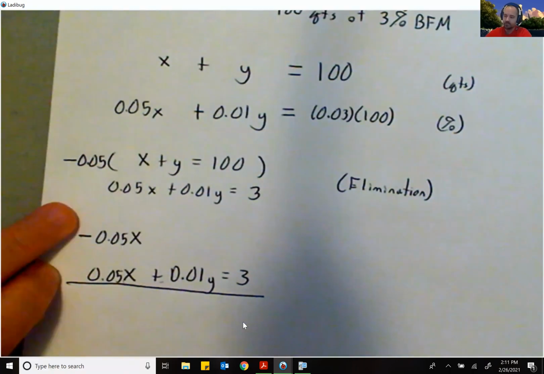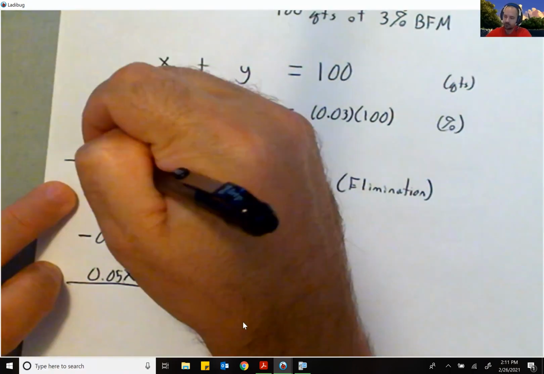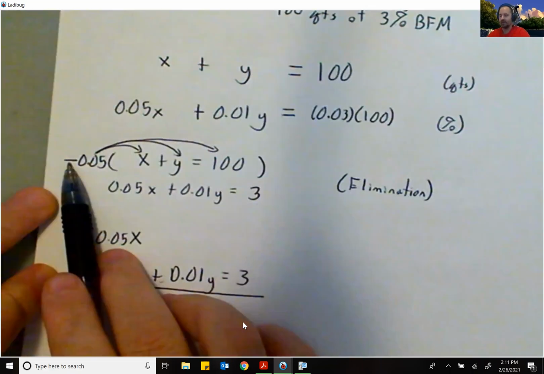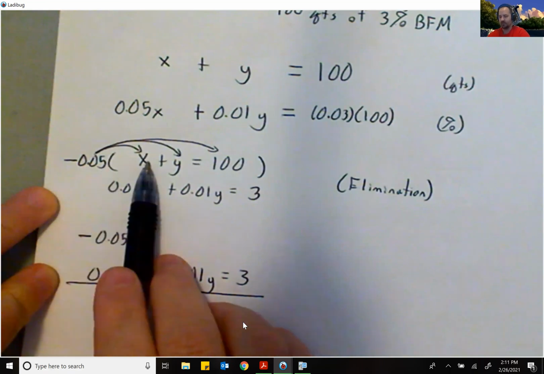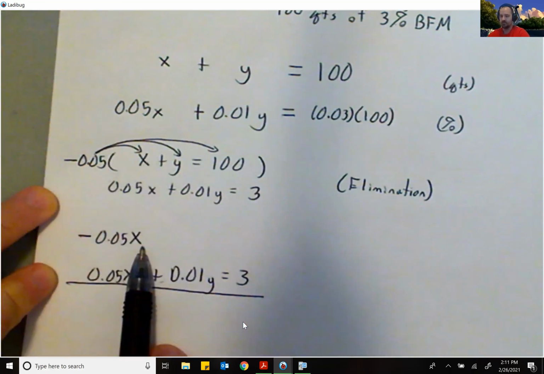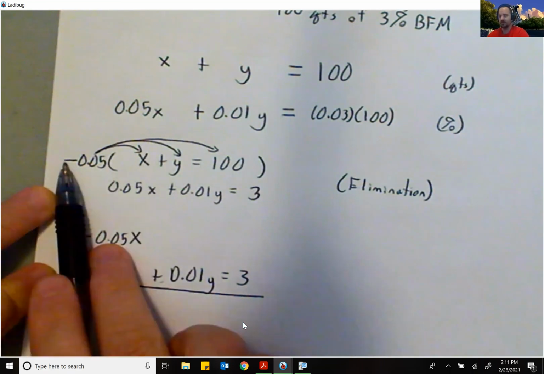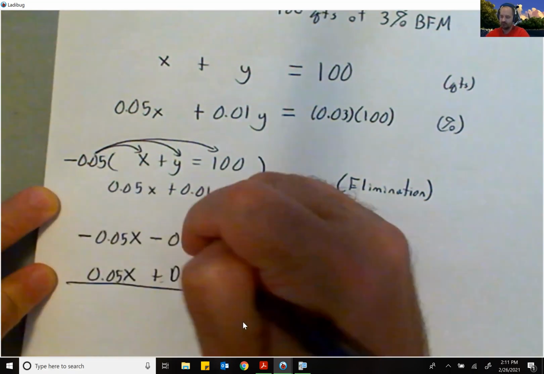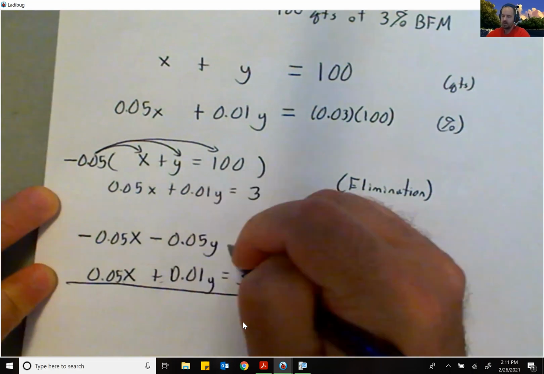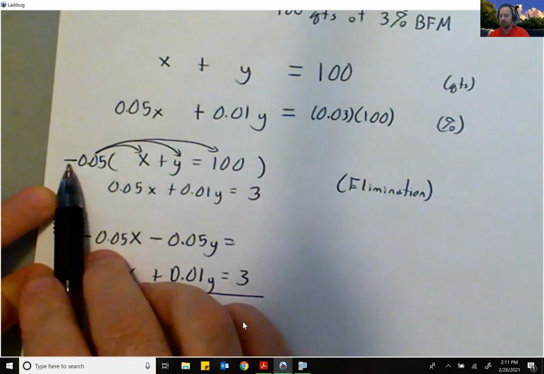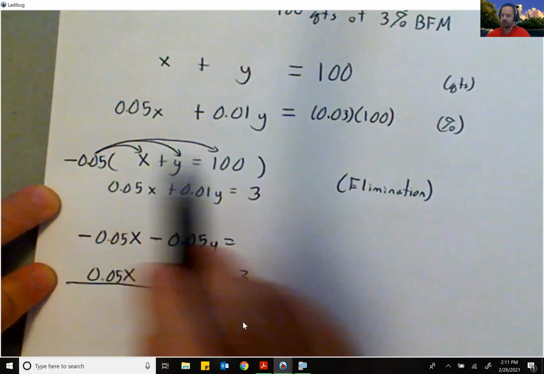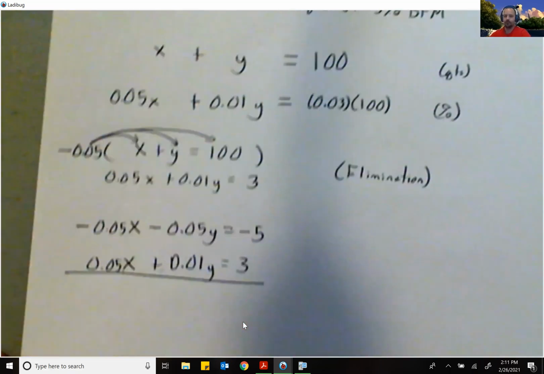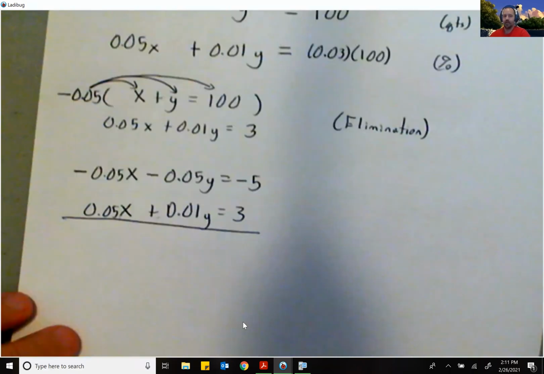So all we're going to do is distribute. Negative 0.05x is negative 0.05x. We knew that was going to happen. Negative 0.05 times y is negative 0.05y. And negative 0.05 times 100 is negative 5. So what do we do now?